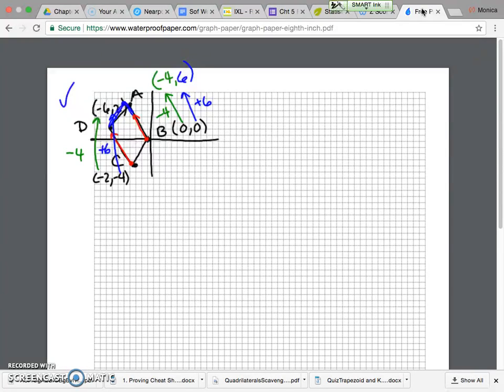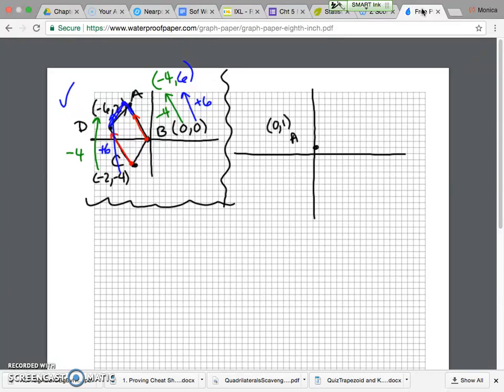You might want to go ahead and draw. I think they're already drawn for you. The next problem I'm going to do is rectangle ABCD. Go ahead and draw my coordinate grid the best I can. And I'm going to go to 0, 1. Label it A. 2, -3.